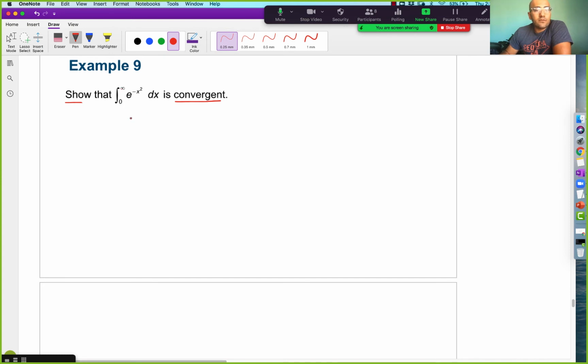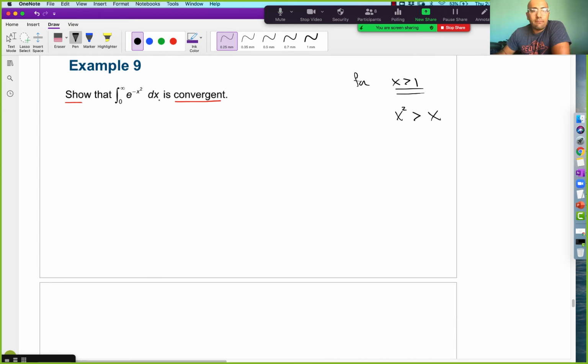Good. Okay, so what to compare it to? And this is from 0 to infinity. So we're looking at the positives. For the positives, let's think about the fact that for x greater than 1, if we kind of break it up for greater than 1, then it must be true that x squared is greater than x. That's true for anything bigger than 1. So like if x is 2, if x is 3, if x is 4, squaring it is always going to give you a number that's bigger than that guy.